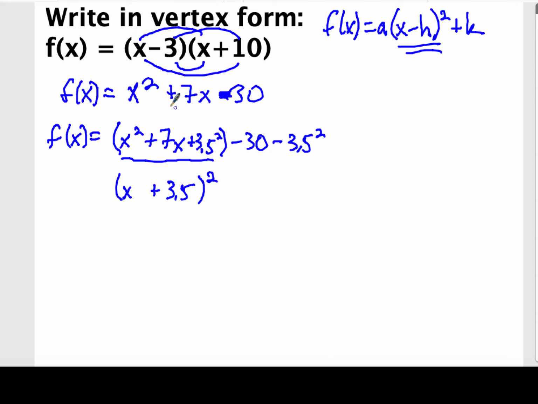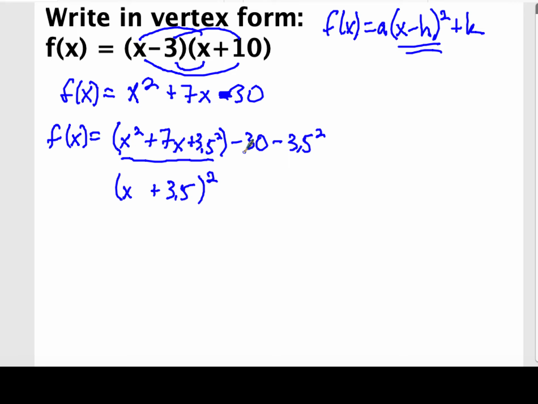Now what was in the parentheses again? It factors to x plus 3.5 squared. And negative 30 minus 3.5 squared is very simply going to be, give me 1 second here. Negative 30.